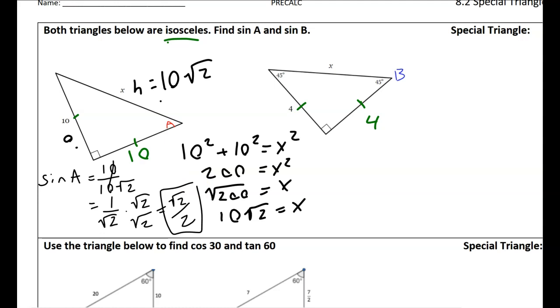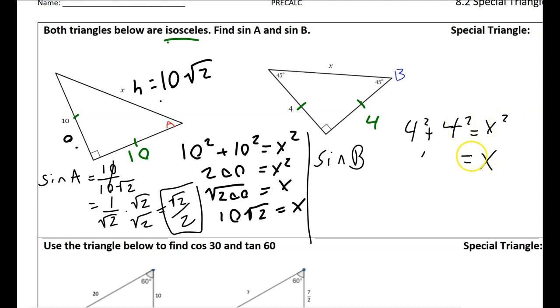Now, over here, if I follow the same pattern, we want sine of B. Well, I again have to do 4 squared plus 4 squared equals x squared to get my hypotenuse. But I'm going to start to think, what's the pattern here? And I'm going to use the pattern to say, okay, x is also 4 square root 2. So if we got 10 square root 2 over here, that's the same as 4 square root 2 over here.